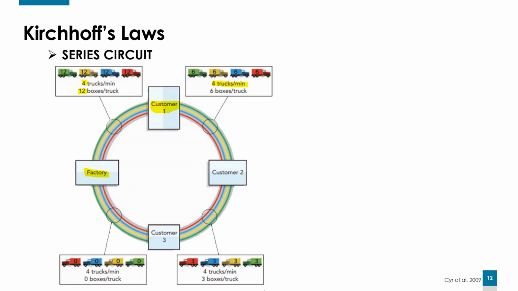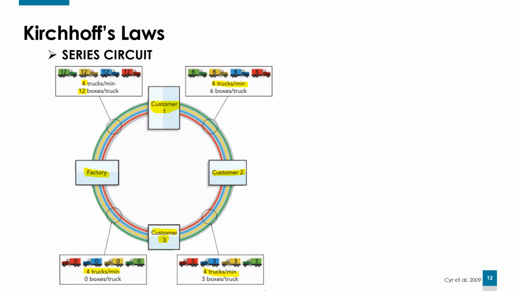After that, it goes to customer 2, and each of them delivers 3 boxes. Now they have 3 boxes in each. But I continue having 4 trucks per minute. Then they go to customer 3 and deliver all the 3 boxes they have. So they come back to the factory with no boxes at all.